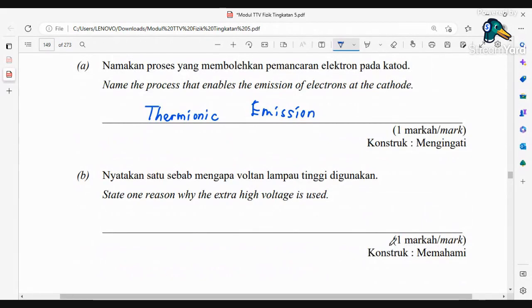State one reason why EHT is used. To produce a high speed beam of cathode rays.